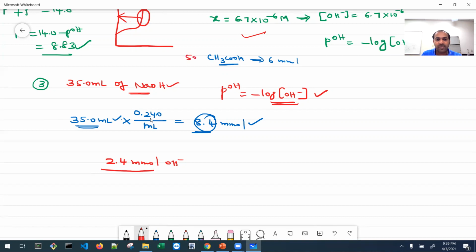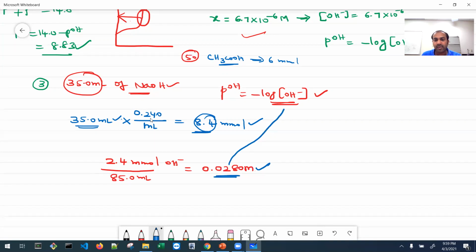You have 50 milliliters of acid, and we are adding 35 milliliters to it, so the total volume is 85 milliliters in the flask. Dividing this way, you find the OH minus concentration, which comes to 0.0280 molar.